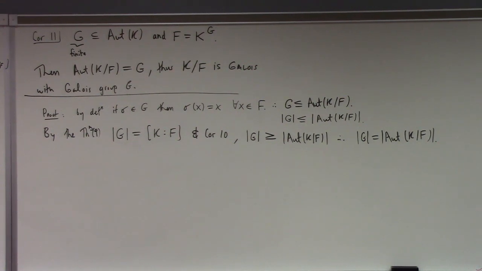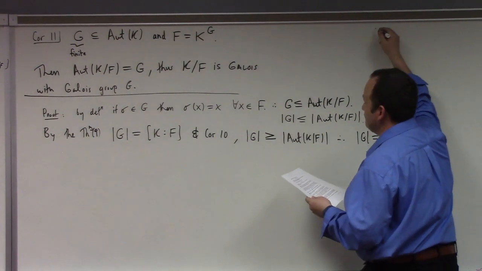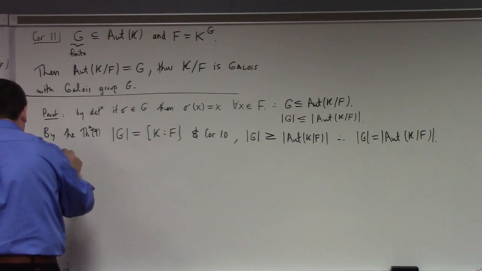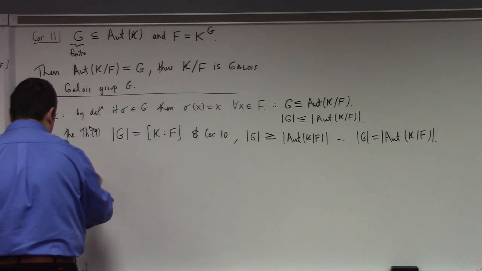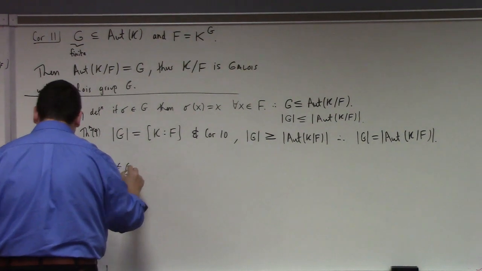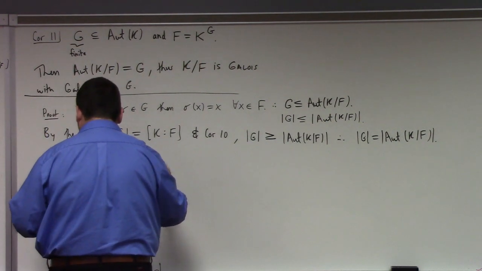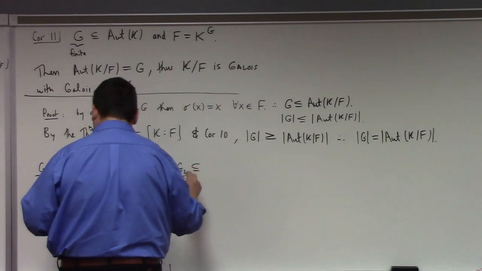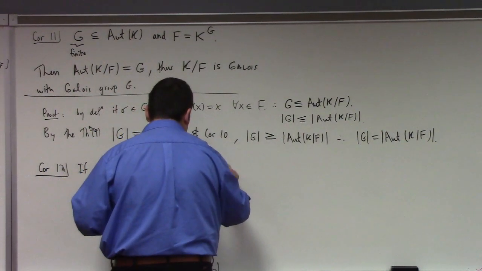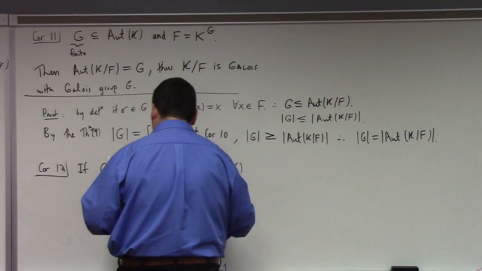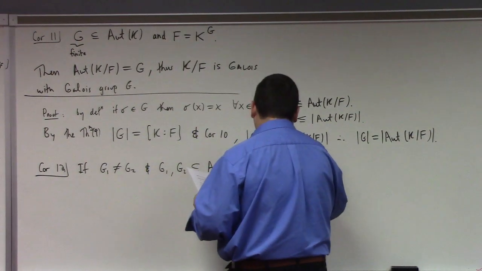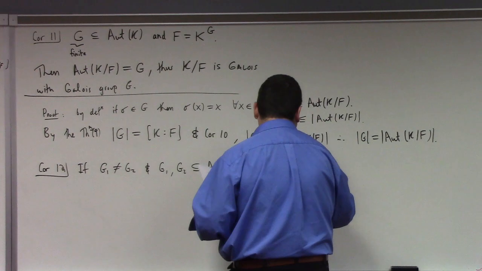All right, that's Corollary 11. Corollary 12. If G1 is not equal to G2, and G1, G2 are subgroups of some group of automorphisms of a field K, then guess what? K^G1 is not equal to K^G2.